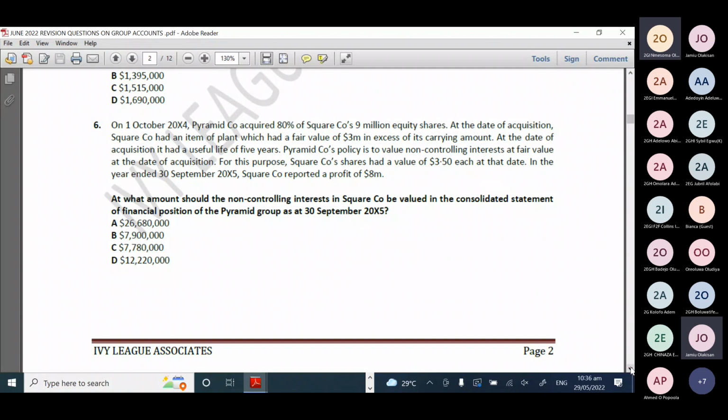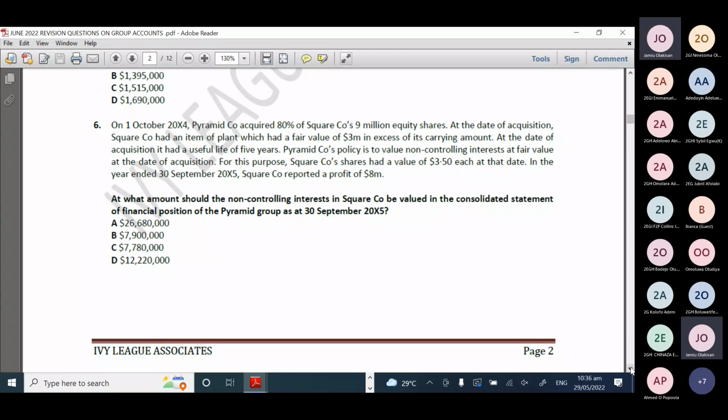Does it not matter that the equity dividend was paid on 20th September as opposed to the 30th September that we have as a reporting date? It doesn't matter. I don't know what you have in mind, can you tell us? I think I would have prorated it. Never. So that is why I say it's better to tell me what you have in mind.